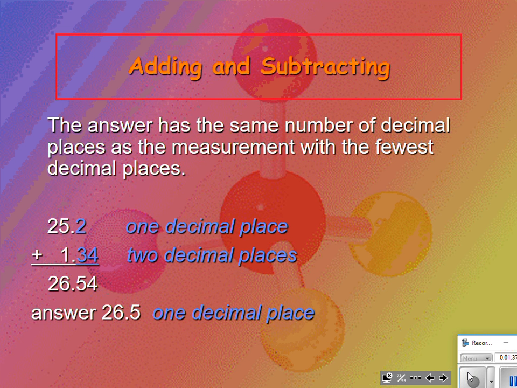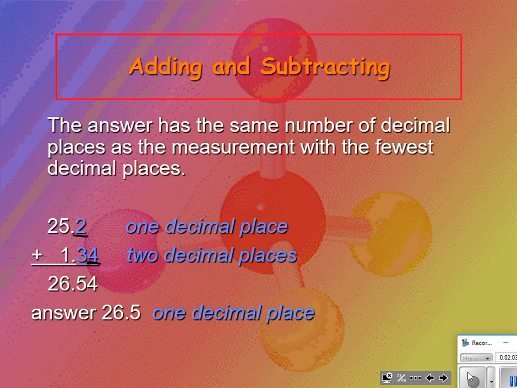Now, when we're dealing with addition and subtraction, the answer has the same number of decimal places as the measurement with the fewest decimal places. So what I will do on these, when I'm doing them, I take the last digit and I underline it.